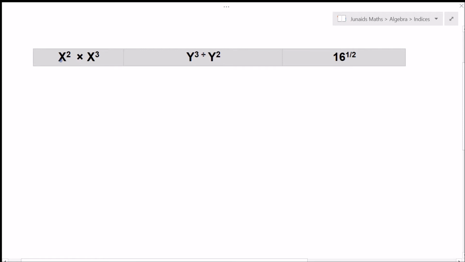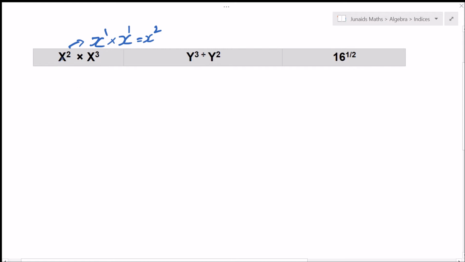Now, the first part here, most of you will know how we got x squared. If I show you that x times x, as you know, will give us x squared. So this x squared was actually two x's multiplied together, and their powers were 1 and 1.